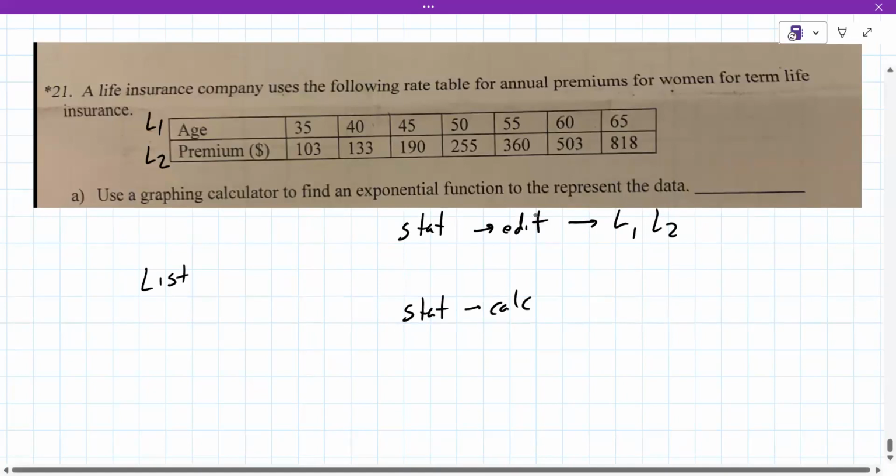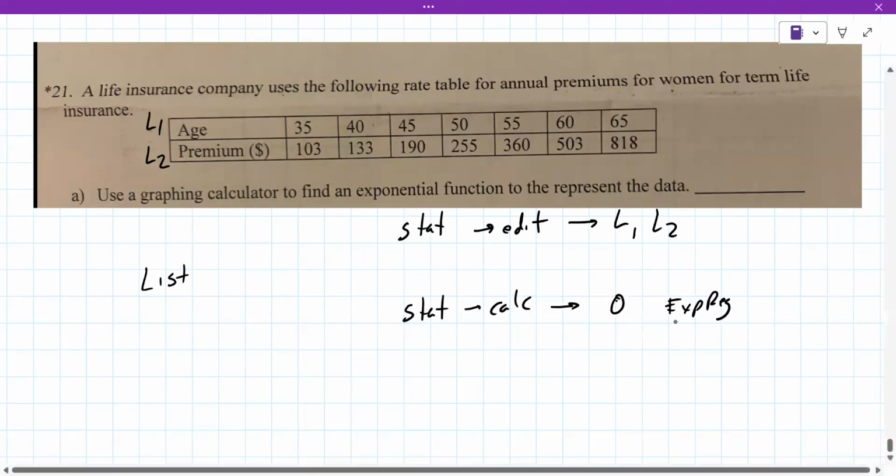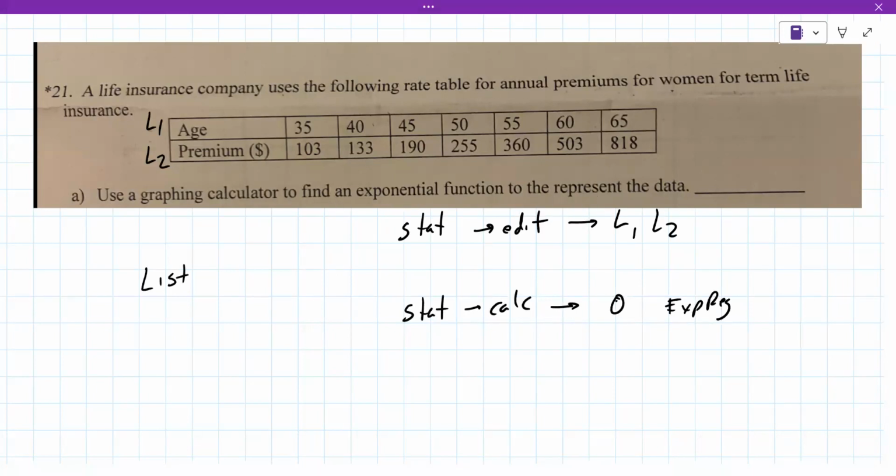And then the exponential function, gotta look to see which one it is. Let me grab my calculator real quick. Okay, so stat edit. I don't have the right calculator right now, but I know how to get there. It's 0, which is exponential reg. You might double check with your teacher. Sometimes they mean power regression here.